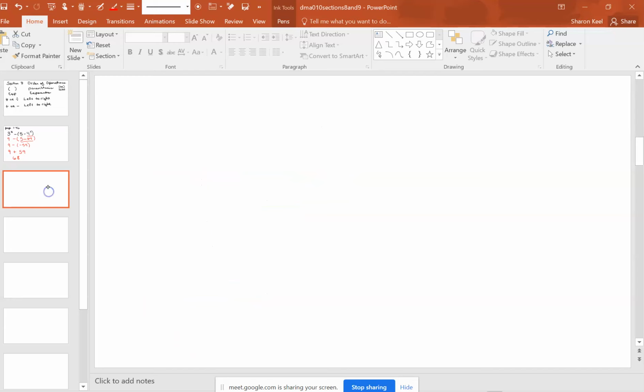Okay, let's do another. On that same page, let's do problem number 4. I'm going to write this about middle of the page. We have a 2 with a negative 7 squared minus 10.